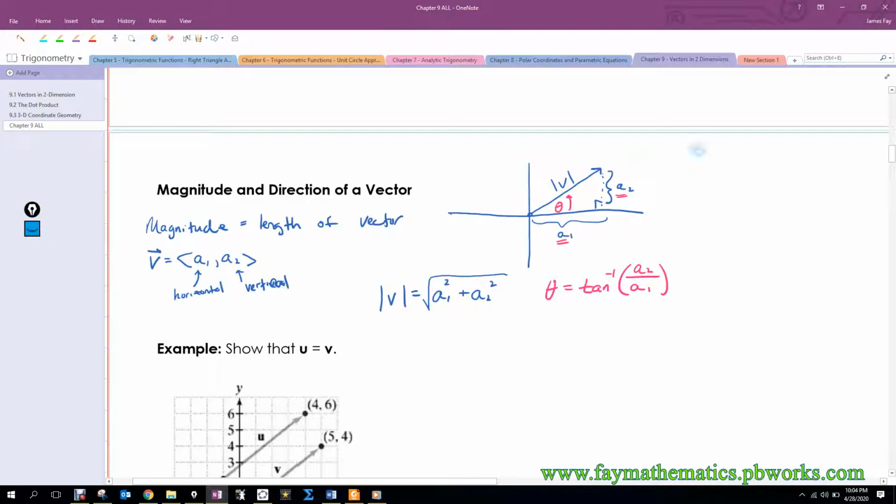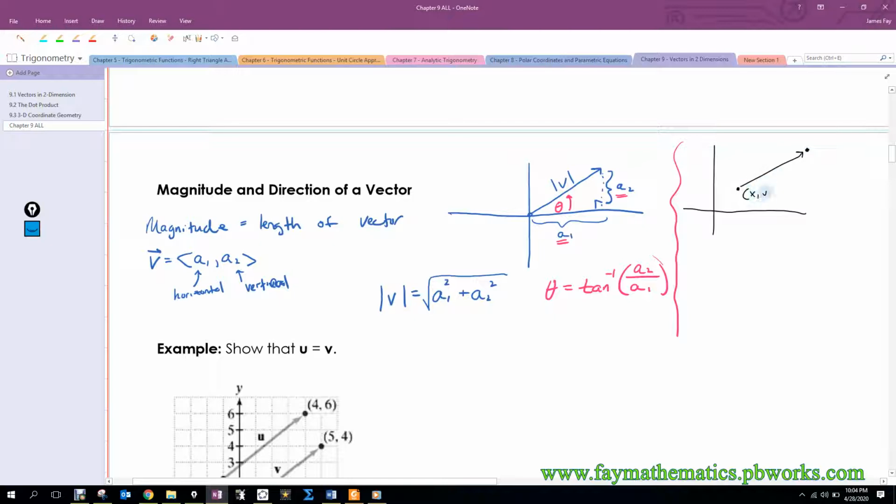Now, you might see this from time to time, if I know the position vector, we should be able to find it, per the last example, just by doing the subtraction. But let's say that you don't want to go that route. Let's say that we've got this vector here.